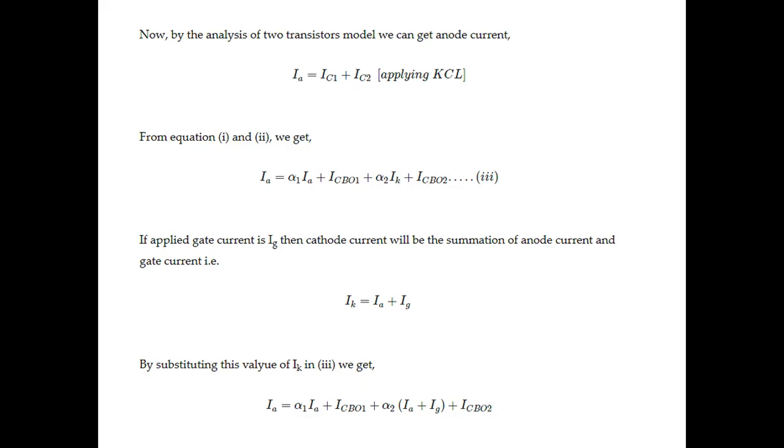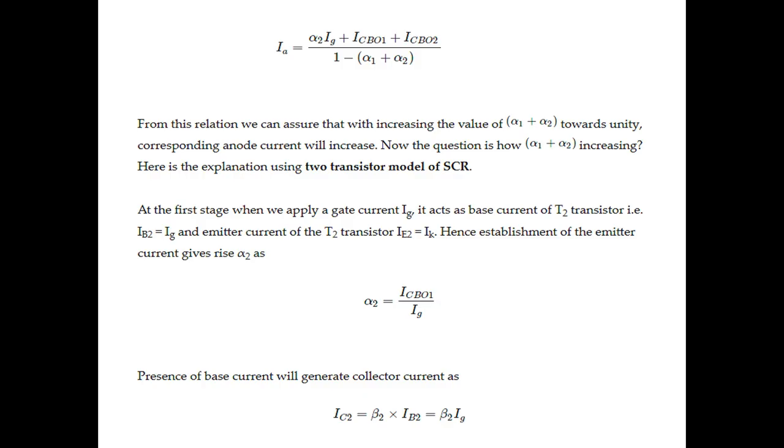If the applied gate current is Ig, then the cathode current is the summation of anode current and gate current, that is Ik is equal to Ia plus Ig. Substituting this value of Ik in the third expression, we get Ia equal to alpha 1 into Ia plus ICB01 plus alpha 2 into (Ia plus Ig) plus ICB02. So we get the expression as we discussed before.